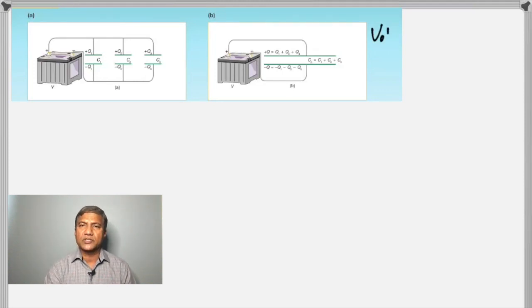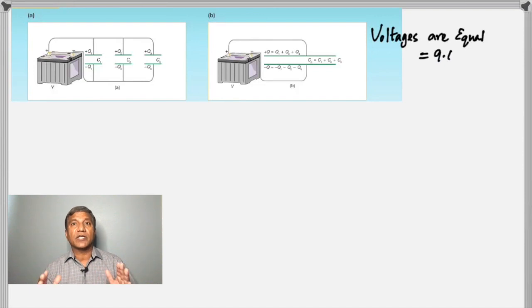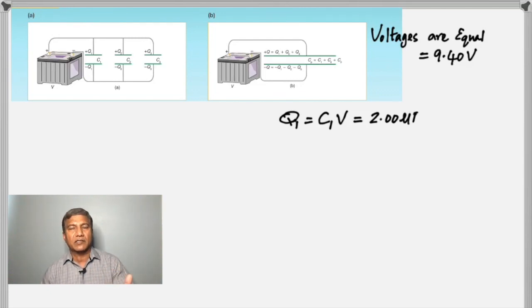Now in the second one, we got to find what happens when it's in parallel. And again, there are only 2, but this diagram shows 3, but it serves the purpose. The formula can be applied now, but before that, got to understand, when capacitors are connected in parallel, the voltages are equal. So when capacitors are in series, the charges are equal, but when capacitors are in parallel, the voltages are equal.